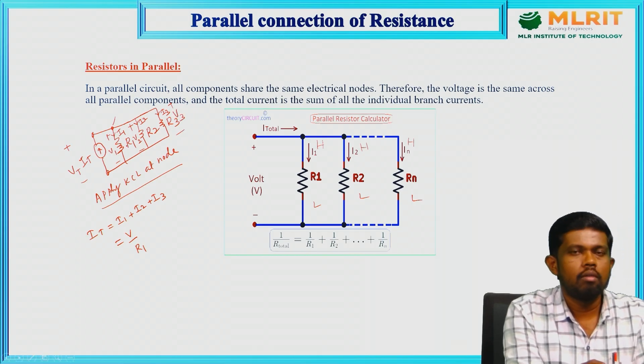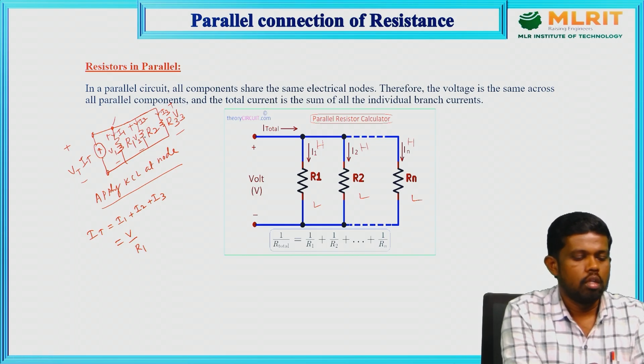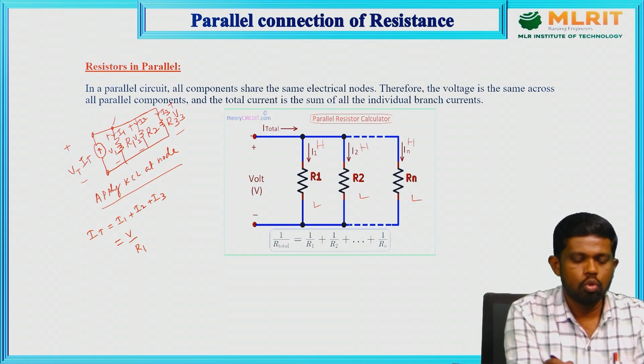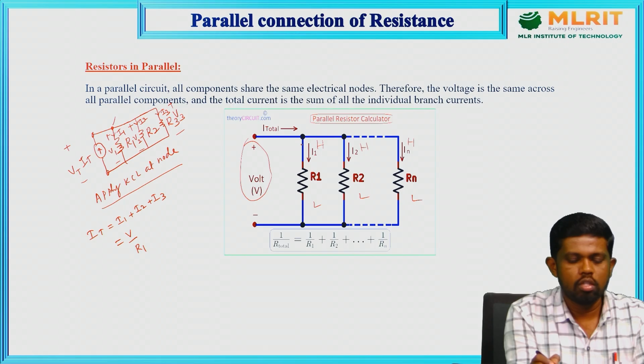All elements take the equal amount of voltage, because there is no potential drop across the entire line. Whatever the source voltage, the same voltage is carried by each and every element in the parallel connection.